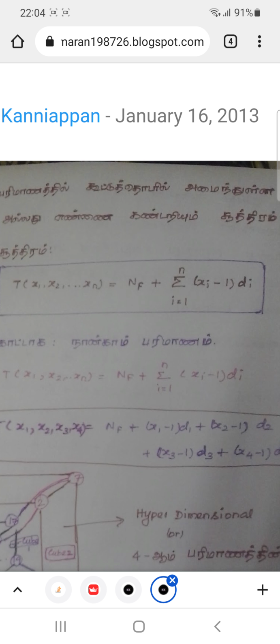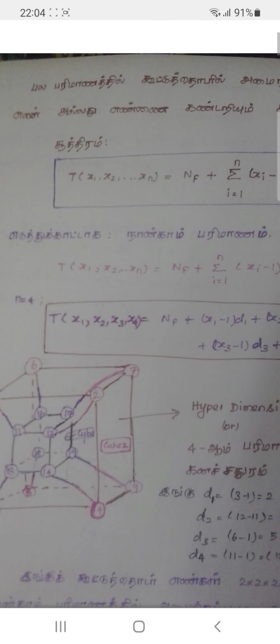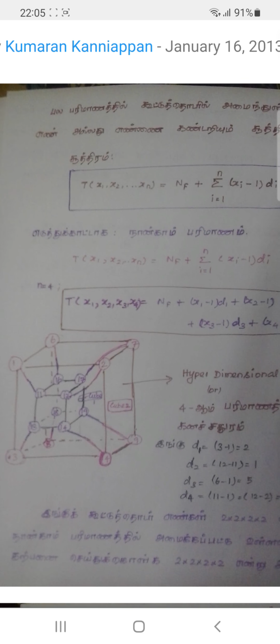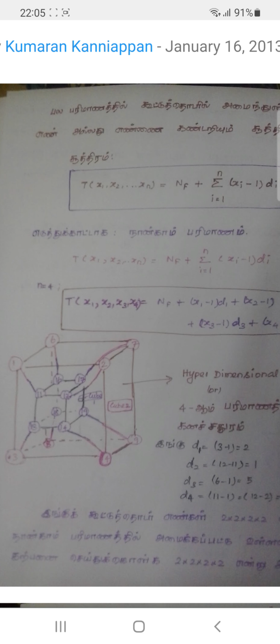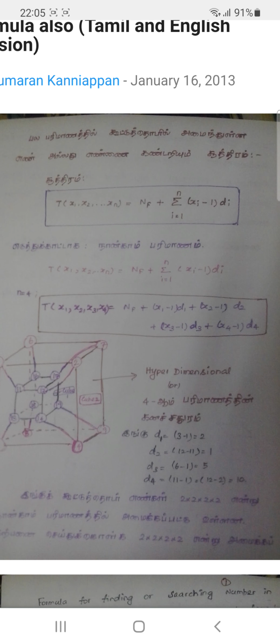I'm marking it out. So for example, I'm taking a fourth dimension as an example. This one is a fourth dimension. If I apply the formula for this one, these will be the values I'm getting, extending the capability of the summation value.